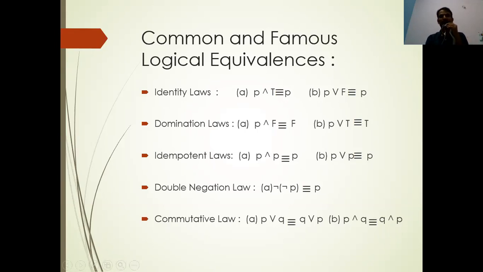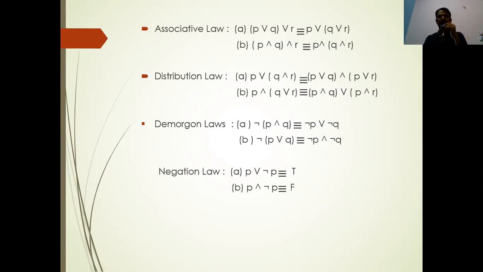Commutative law: P or Q is equivalent to Q or P, and P and Q is equivalent to Q and P. If you write the truth tables for these, we get the same truth tables for the LHS as well as the RHS. Therefore these formulas are logically equivalent.